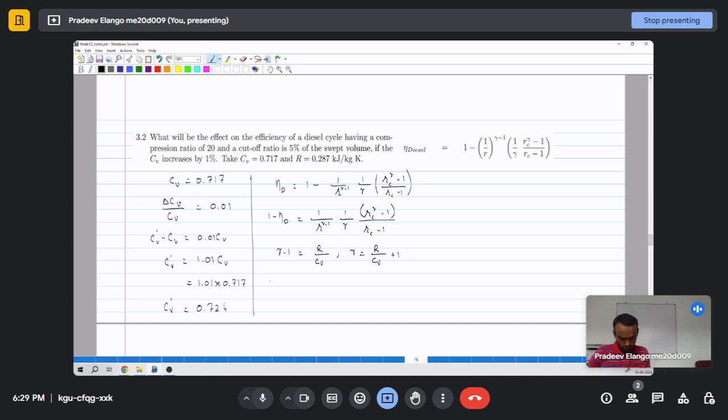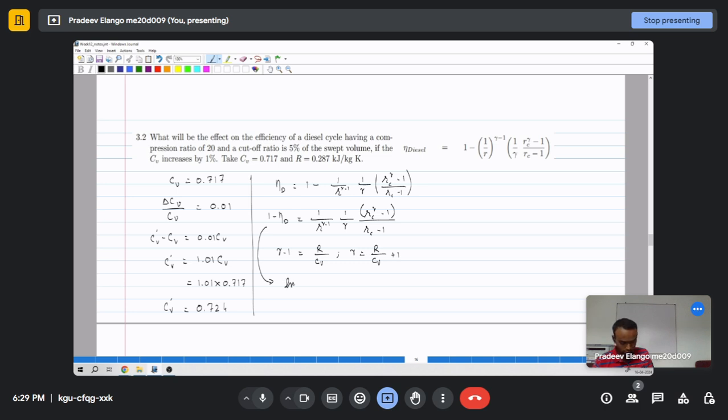So then this efficiency equation will become 1 minus eta is equal to 1 by r power... or it is also better to take first log and then calculate.